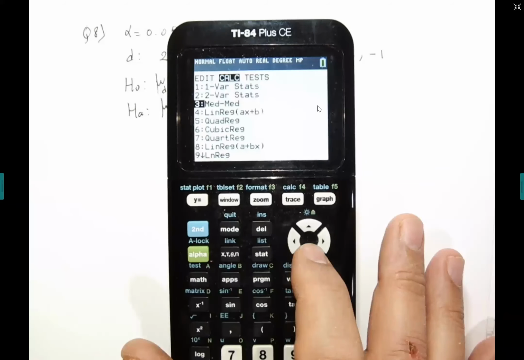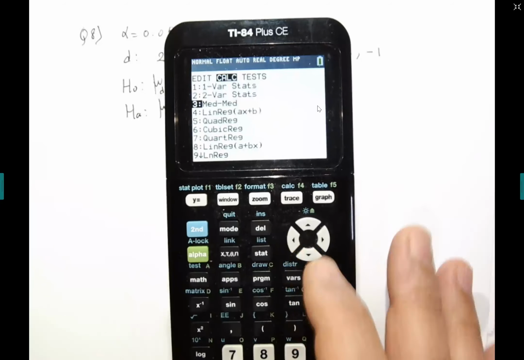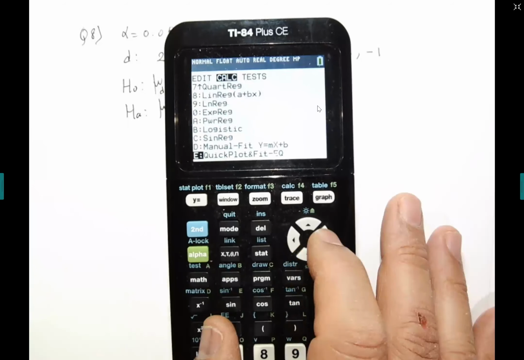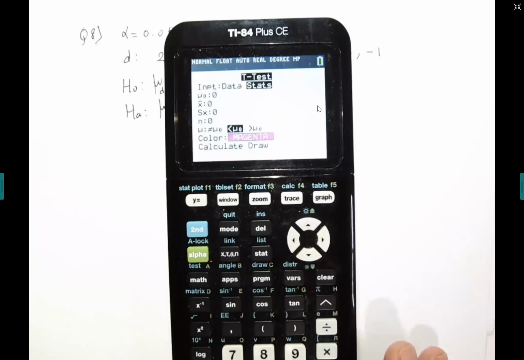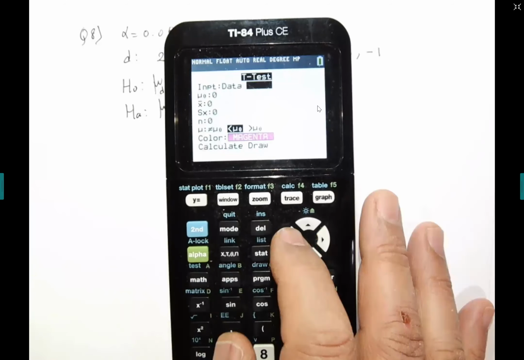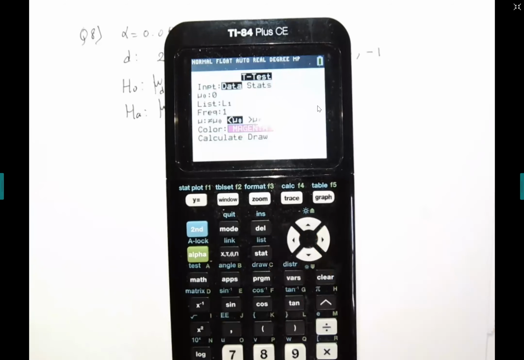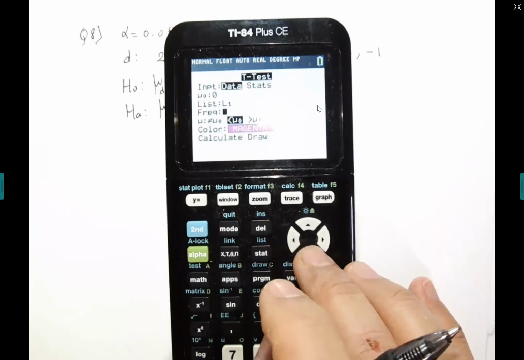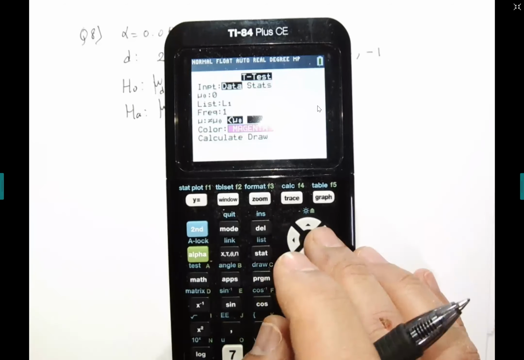And then it's a t-test. Oops, where did I go? T-test. Data, make sure your input is data here. Against 0, L1, and we need to test that it is greater than.